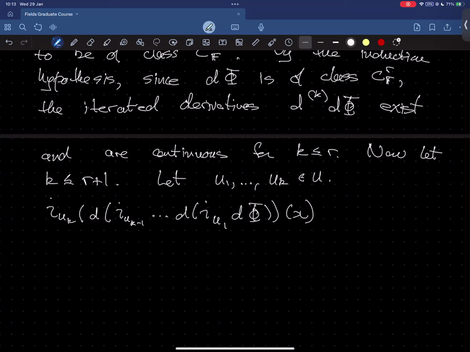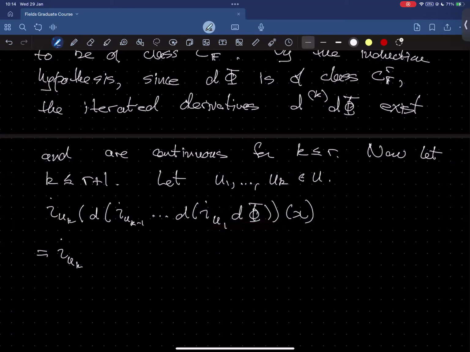Now I'm going to use the fact that the iterated derivatives of the derivative exist up to order k. So I'm going to take the first term and rewrite it as d phi applied to x and u1.